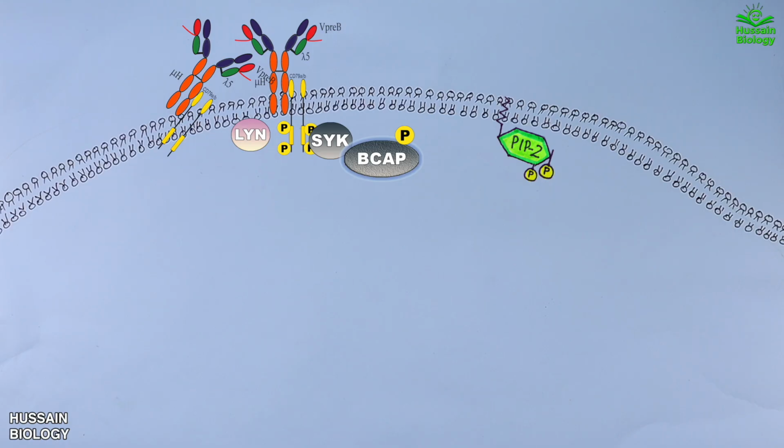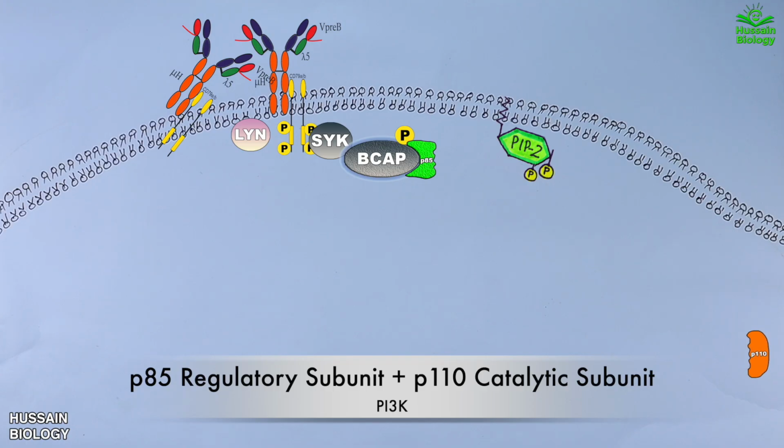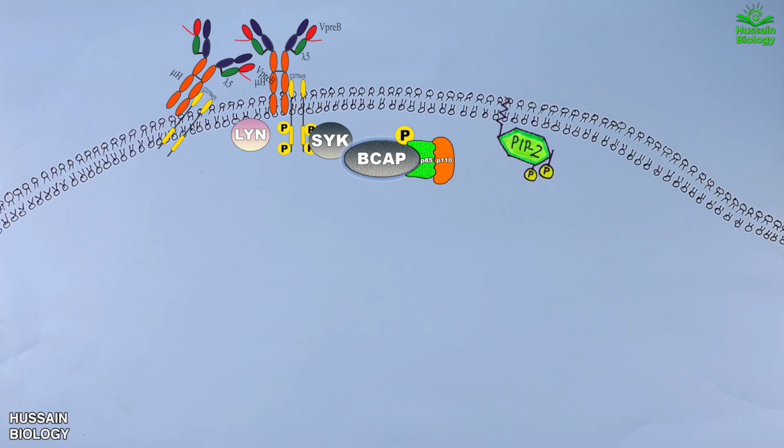At this point, the PI3K complex is recruited to the membrane in units. First, the P85 regulatory subunit is recruited, followed by the P110 catalytic subunit of the PI3K complex. So ultimately, we get the complete PI3K complex. It gets activated. Once activated, PI3K catalyzes the conversion of membrane-bound PIP2 into PIP3 as shown in the animation.